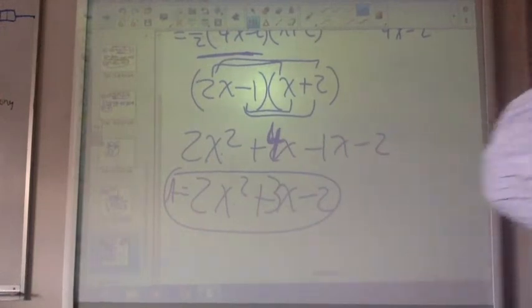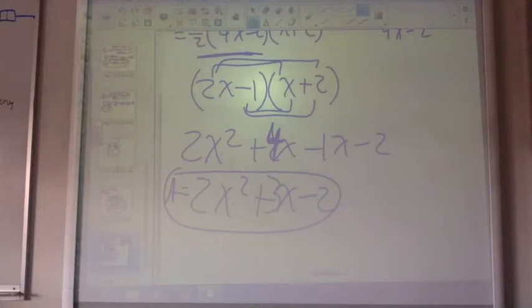So then on the back page, looks like we are just dropping the parentheses. We might have to distribute a negative. Any of those you want to take a look at? 22.